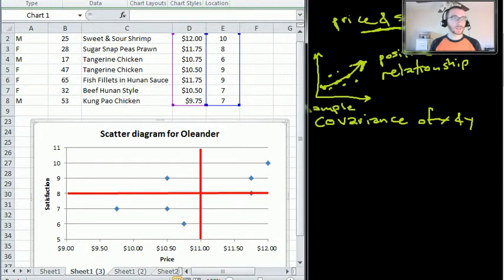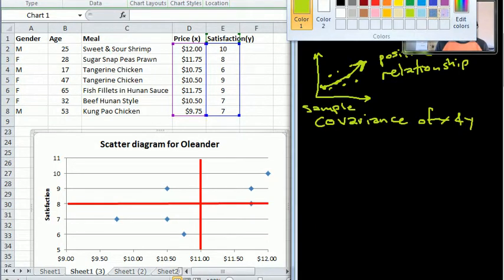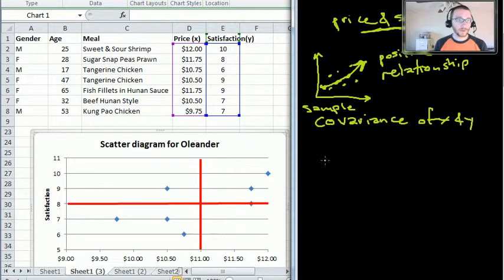What we want to do now is look at how x varies and how y varies, and then whether they move in the same direction or in opposite directions. We want to quantify that, so we're going to use a formula that's going to come up with a number. The sample covariance of x and y is s sub xy. These are subscripts.